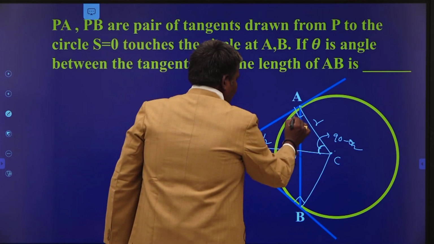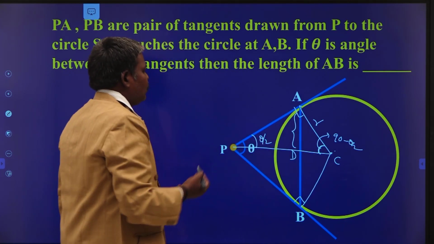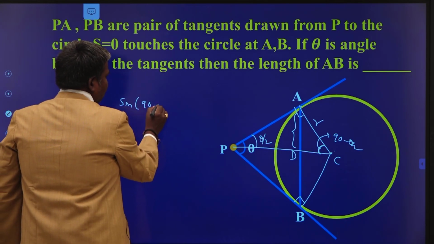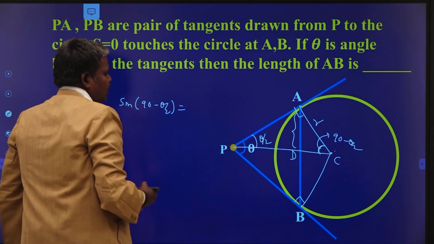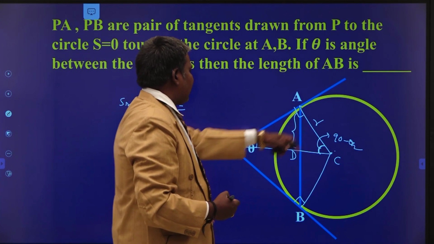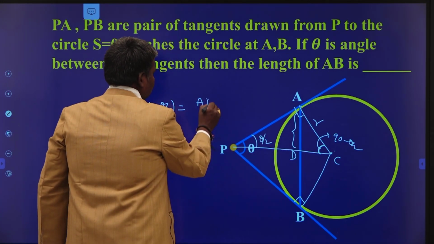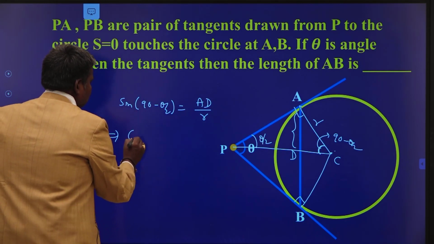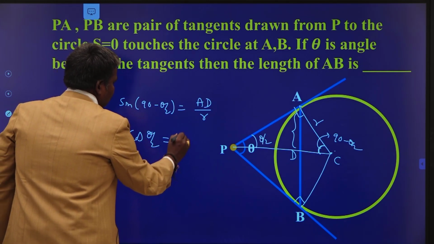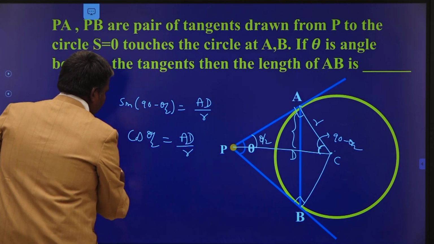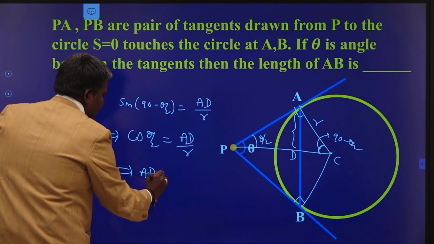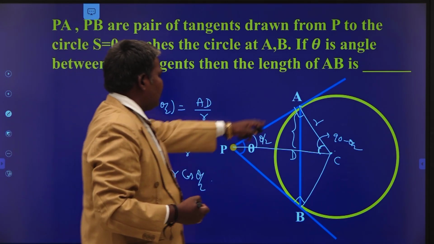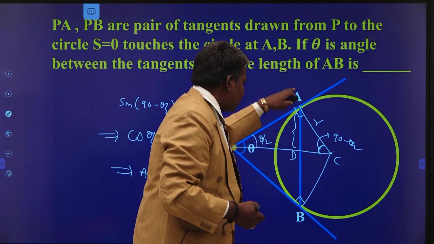Now can we find the distance AD or not? By using sine, that is sine of (90 minus theta by 2), what is that? Opposite side, that is AD by R. What is sine (90 minus theta by 2)? Cos theta by 2 is equal to AD by R. What is my AD now? AD is equal to R cos theta by 2. After getting AD, this will be the perpendicular bisector of AB.